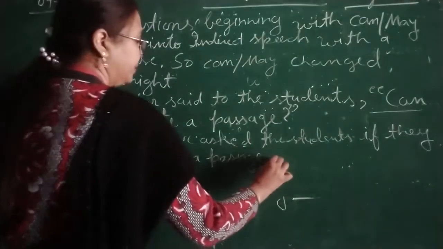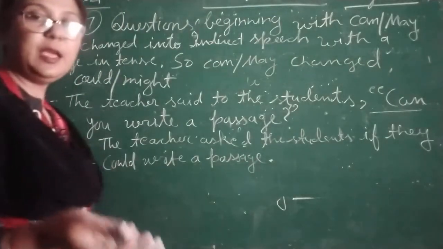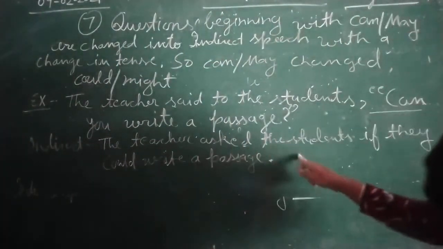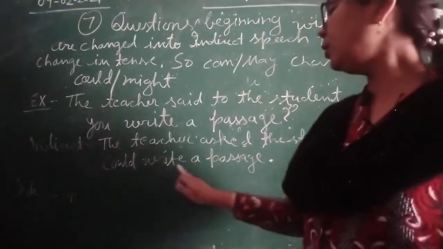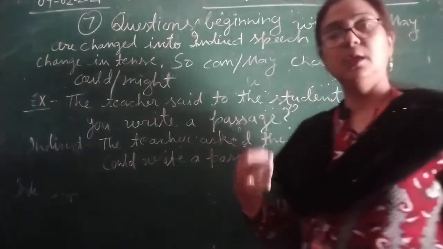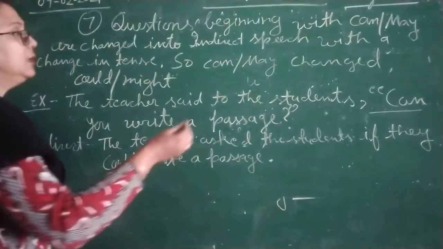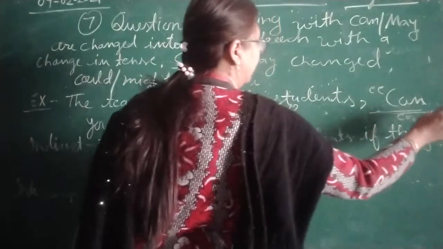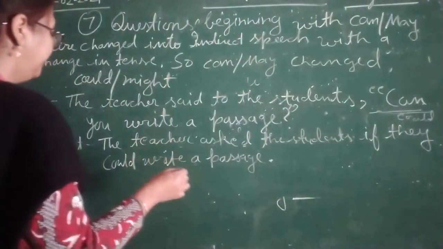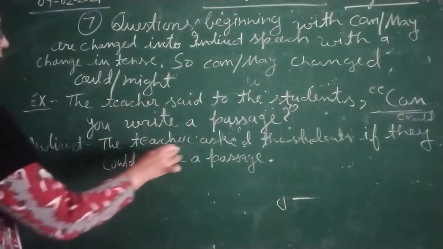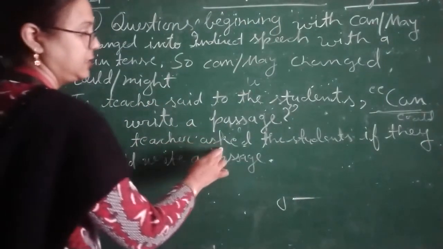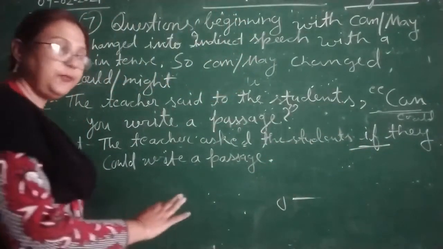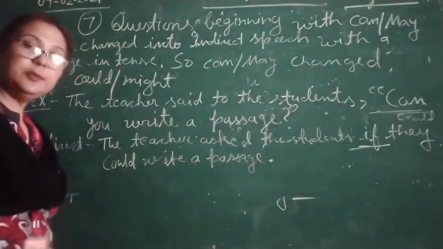Okay, so we have used if and whether, as we have discussed, and here what we have used, the teacher asked the students if they could write a passage. So here we have changed only and only can become could over here, and in the place of teacher said, we have written the teacher asked the students. If and whether will be used over here. So if they could write a passage.